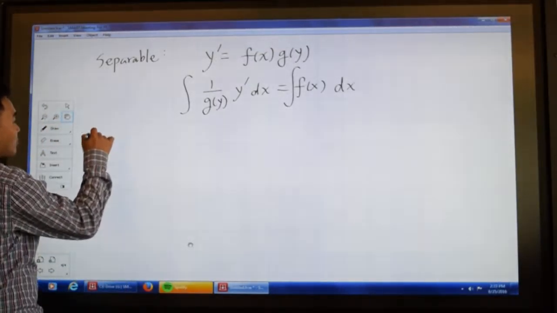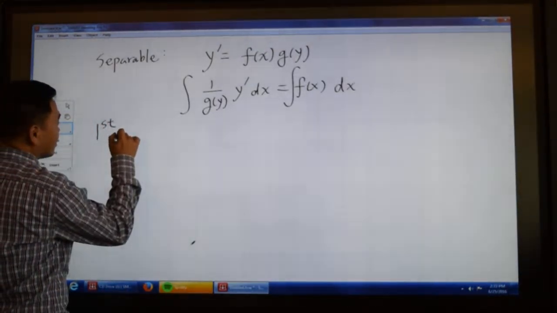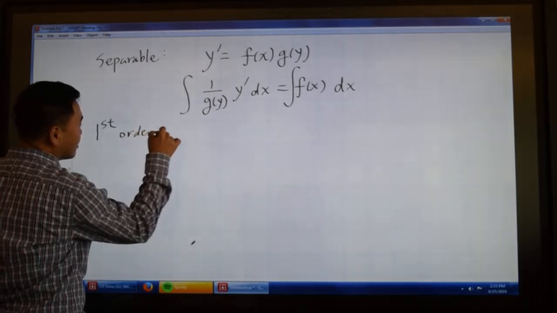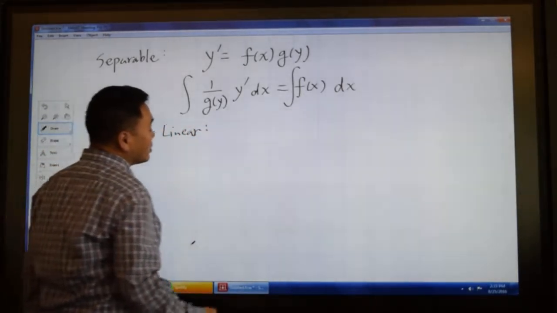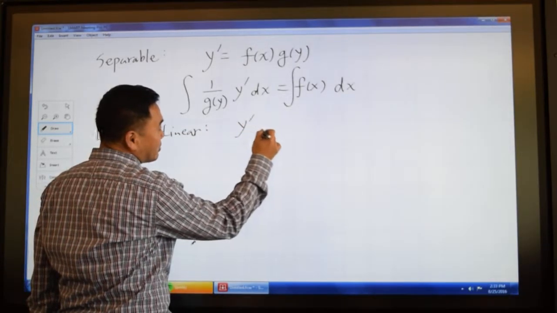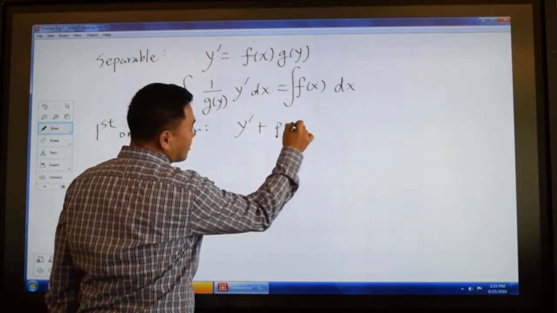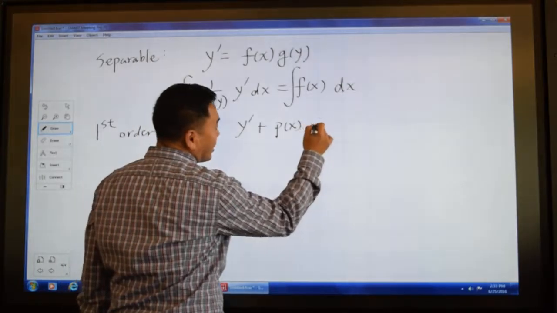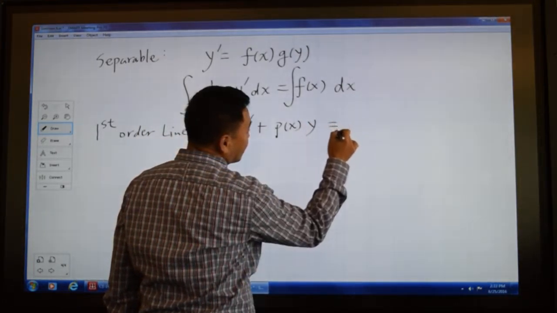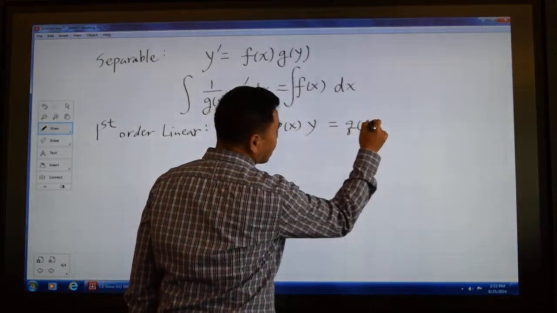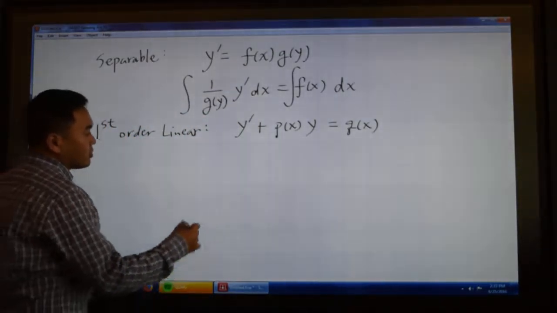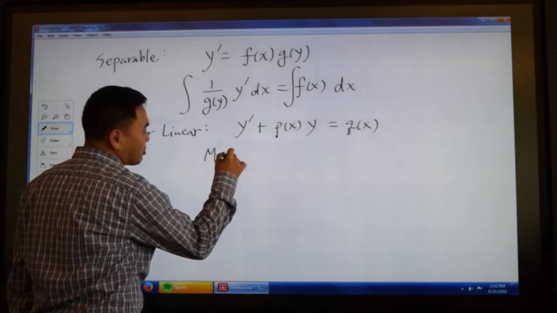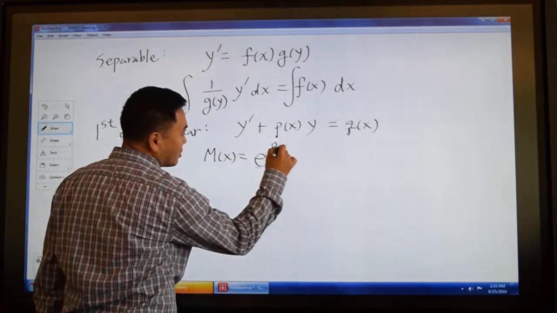Now let's think about the first order linear. In that case, you had y prime plus p of x times y equals q of x. And the solution of this was first to figure out what the multiplier should be.